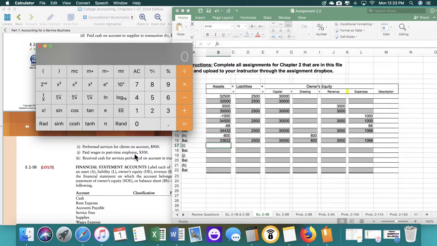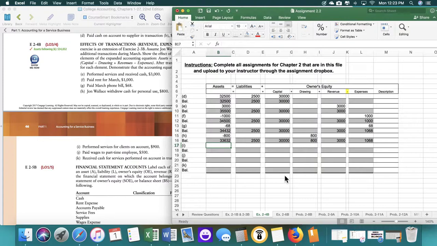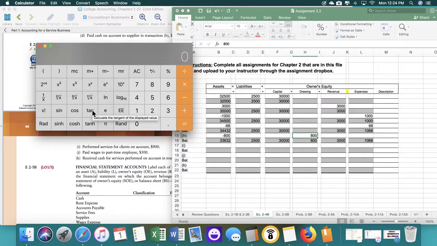So let's go through the math again. First, let's double check. We added cash. So letter F, we have expense, we subtracted 1,000, subtracted 1,000, subtracted 68, subtracted 68, subtracted 800, and 800. So we'll double check each balance amount.